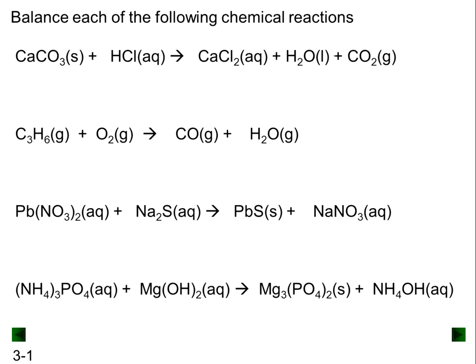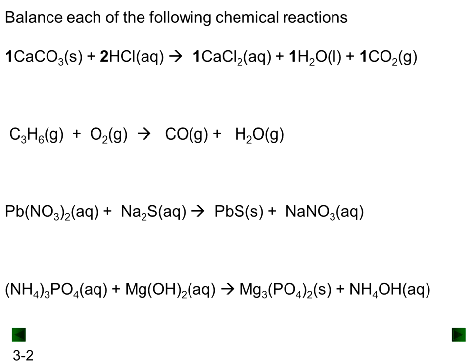Carbon likewise is balanced, 1 atom on the left and 1 atom on the right for calcium carbonate and carbon dioxide. The next that we might look at is chlorine, and we can see that calcium chloride has 2 atoms of chlorine, so we'll need 2 hydrochloric acids. And with 2 hydrochloric acids, then we put 1 in front of our water, and then we end up with the following coefficients: 1, 2, 1, 1, and 1.